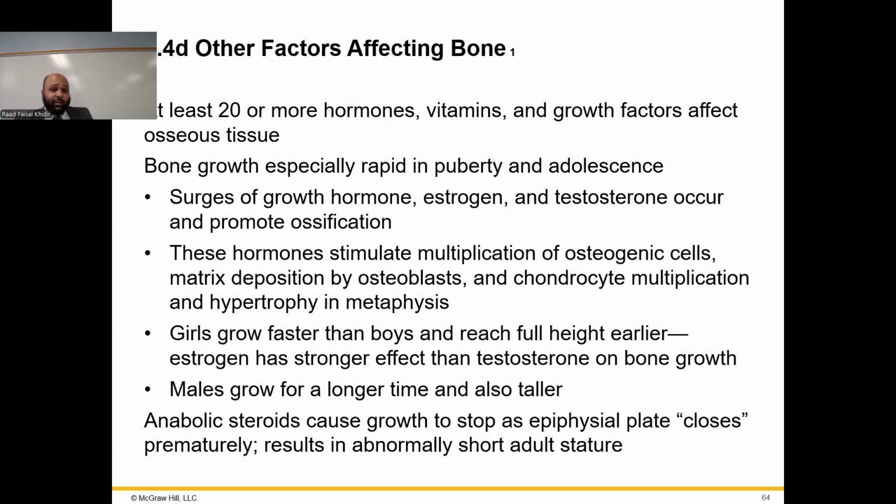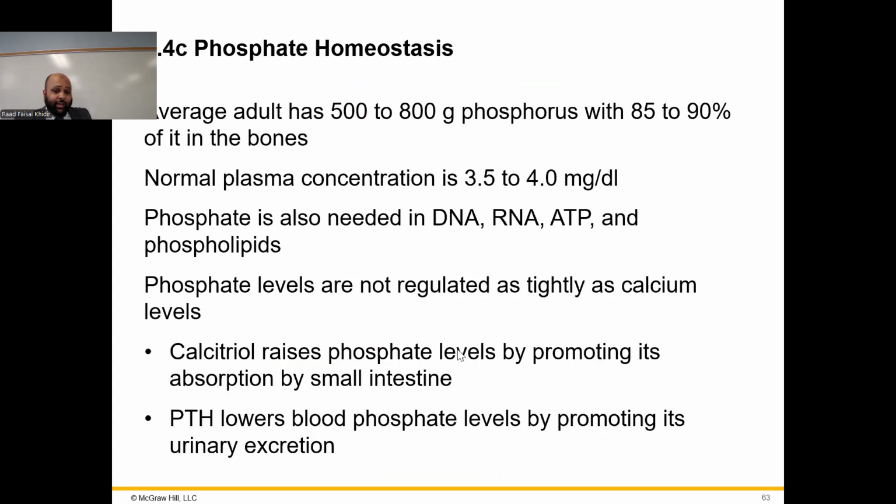I really think this slide is very important when it comes to phosphate homeostasis. We studied in the past that phosphate is a part of the nucleotide. We have the phosphodiester bond in the DNA. Phosphate levels are not regulated as tightly as calcium levels.